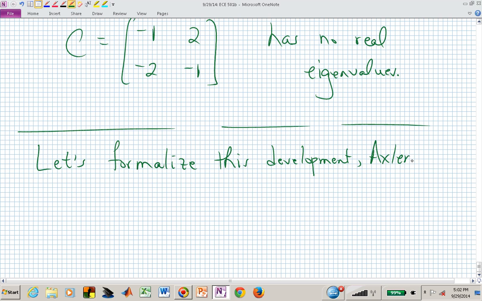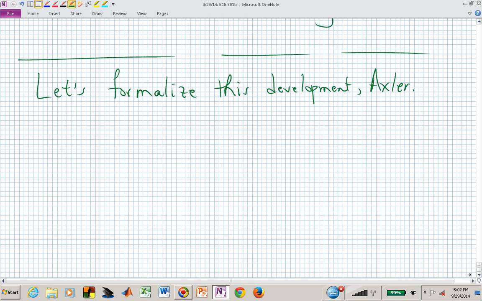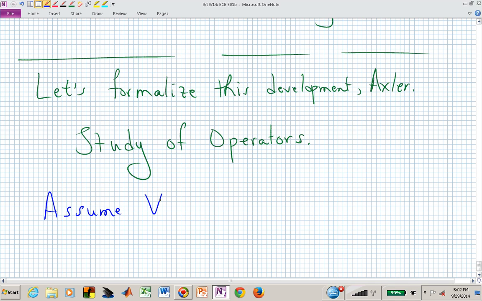Let's now jump back into the textbook and formalize this, which is really now a study of operators. For our study, now let's assume V, which is our vector space where we're playing.